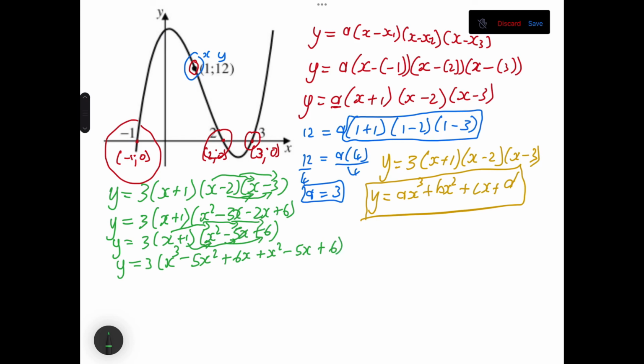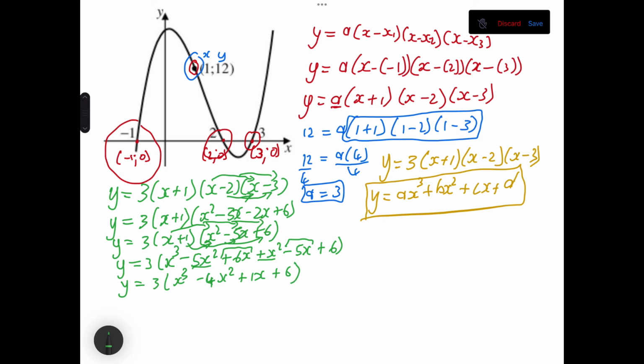Close the bracket. There we go. Okay, y equals 3. Keep the 3 outside. We just want to simplify the brackets first. Add the like terms. Minus 4x squared plus 1x, that's going to give me 1x and then plus 6.